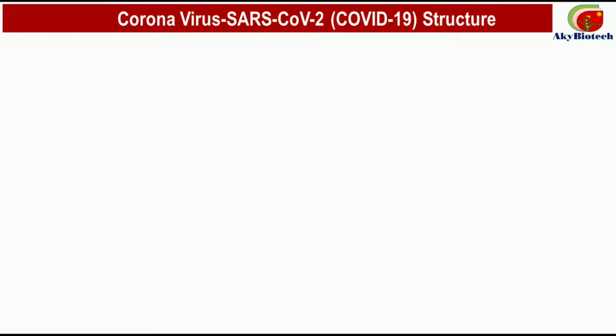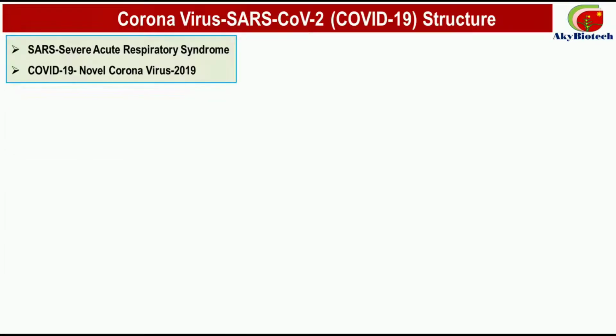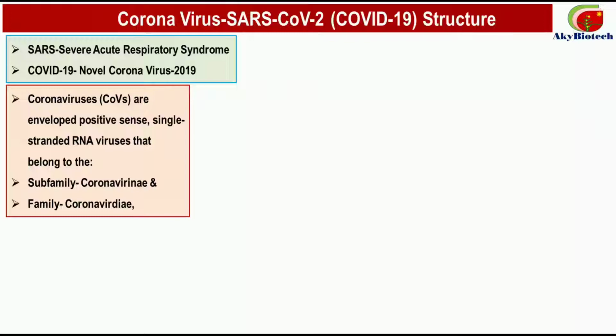Mainly the countries which are affected are United States, Italy, Spain, as well as India. SARS is severe acute respiratory syndrome. It is called COVID-19 because it is a novel coronavirus and it started in the year 2019.